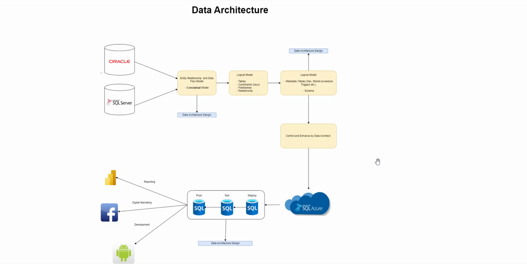So logical includes table design, which includes keys, constraints, primary, surrogates, etc., field names, and relationships between other tables. Is that clear?